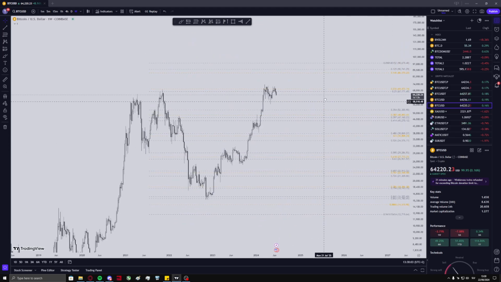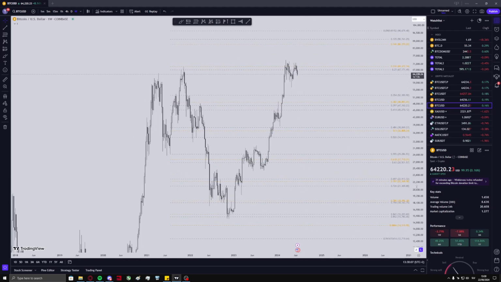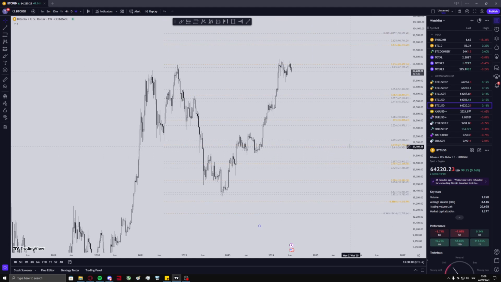So the way fib numbers work essentially is they all come out of this 0.618 number, and this number is pretty much a ratio that applies.